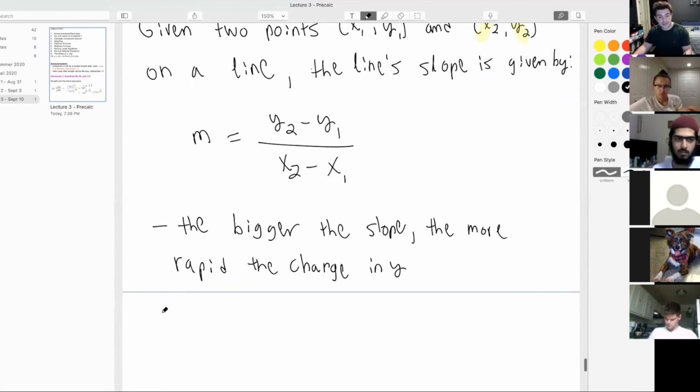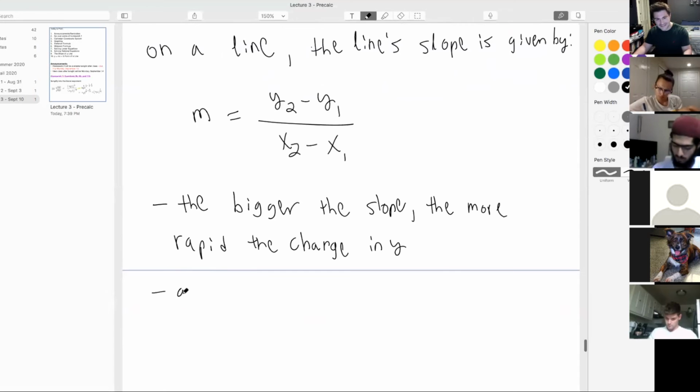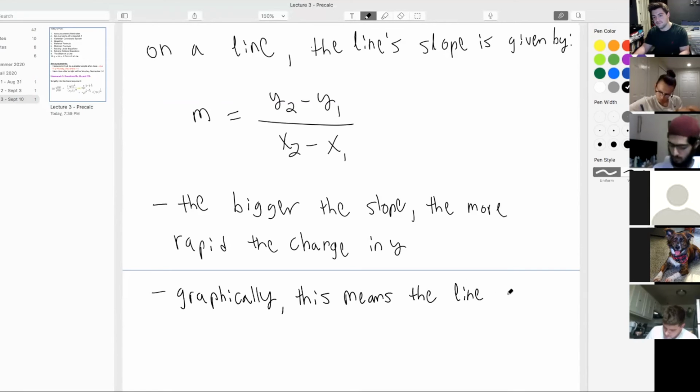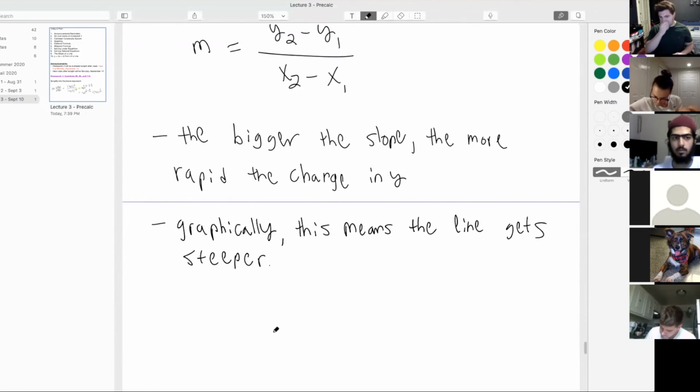Yes, that's literally the next thing I'm going to write. So graphically, this means the line gets steeper. On a graph, if the slope is big, then the line is going to be pretty steep.